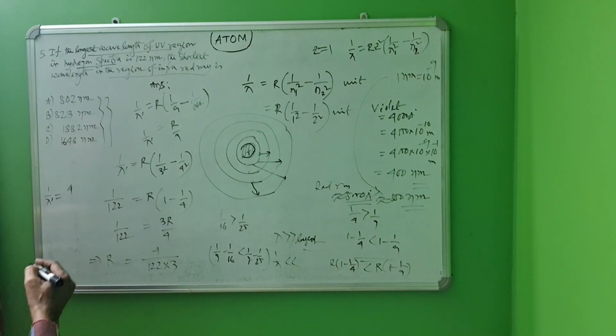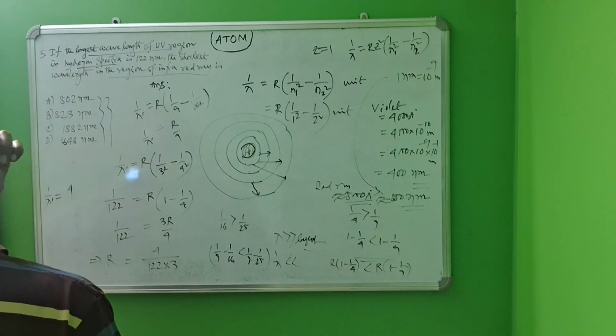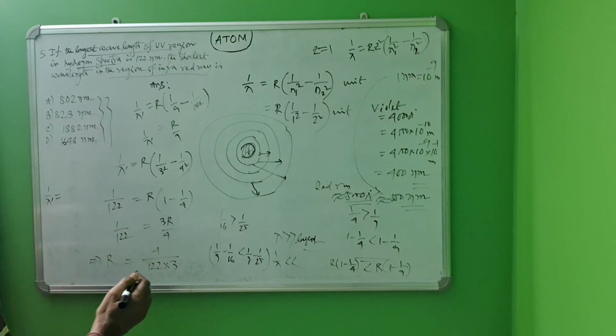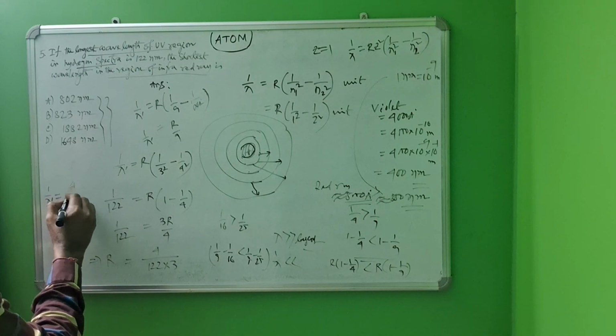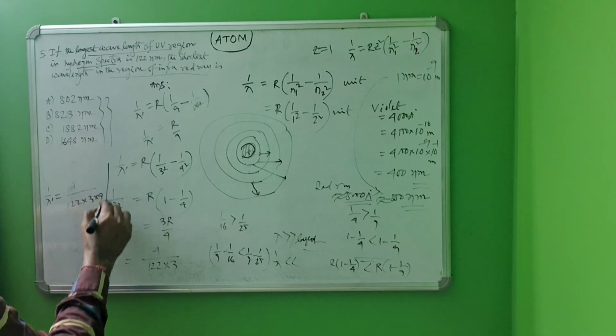So 1 by lambda dash equals R by 9, 4 by 122 into 3 into 9.